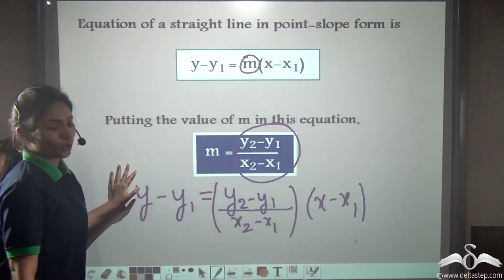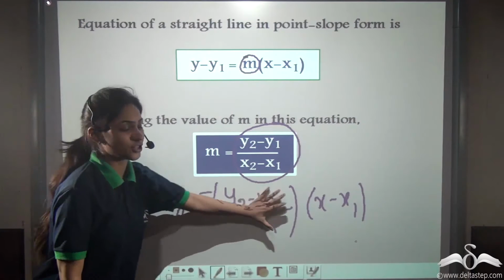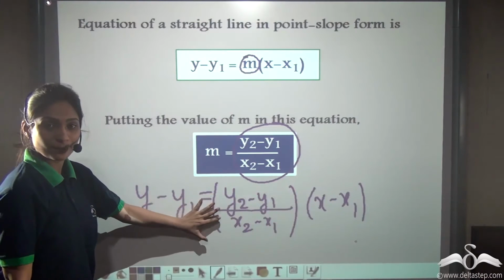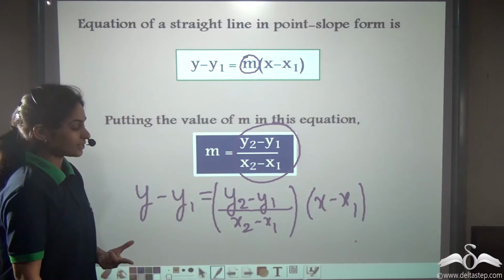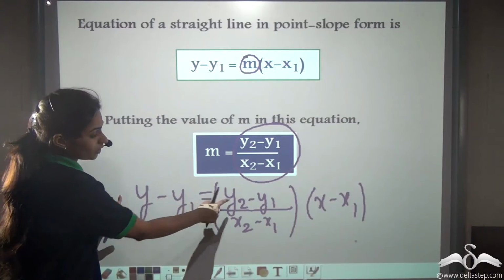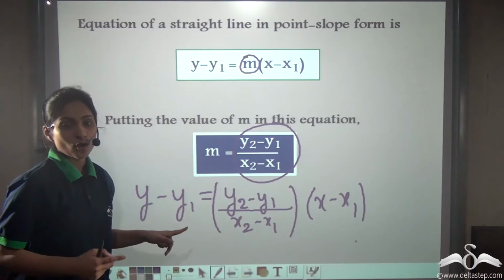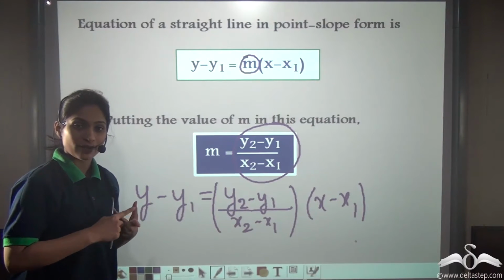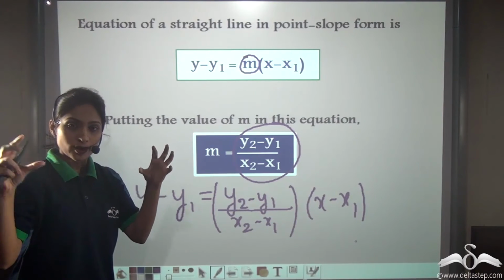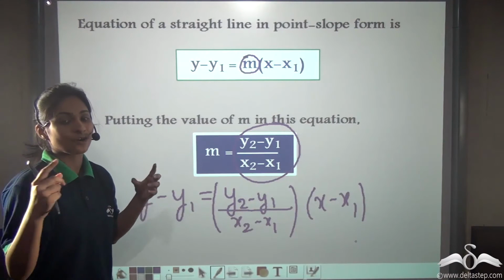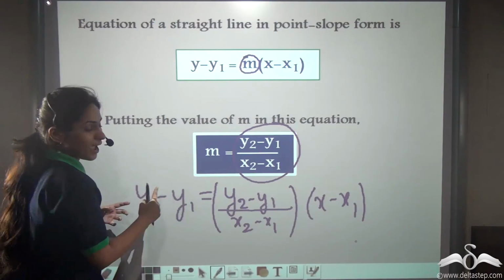See, here what we have? We have such an equation which does not have m, does not have c. What it has? It has y, y1, y2, x, x1, x2. So what will we do? We will put the values for x1, x2, y1, y2, coordinates of 2 points through which that line passes, and we will get an equation in terms of x and y.